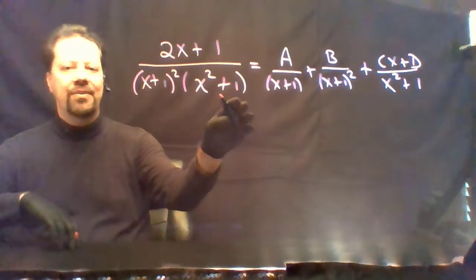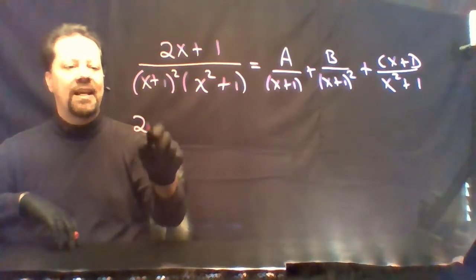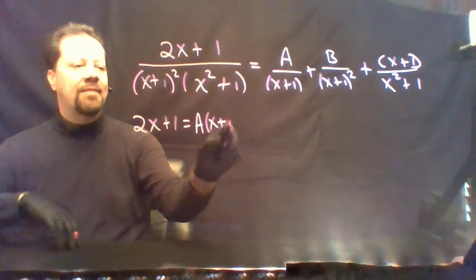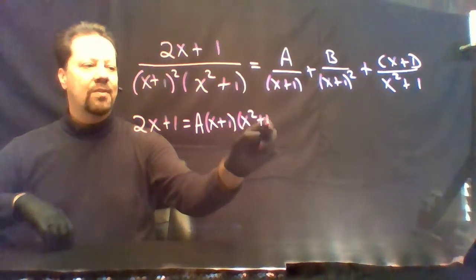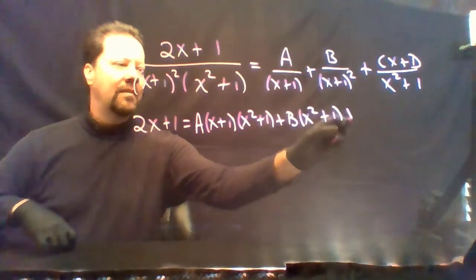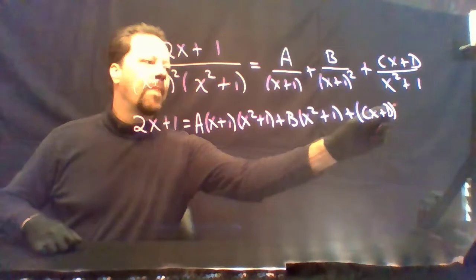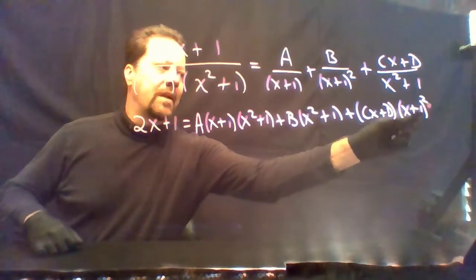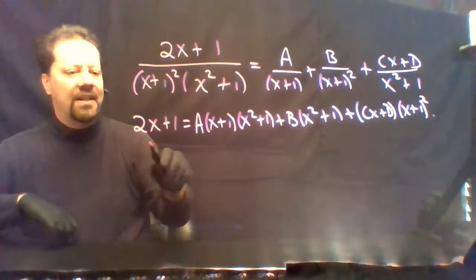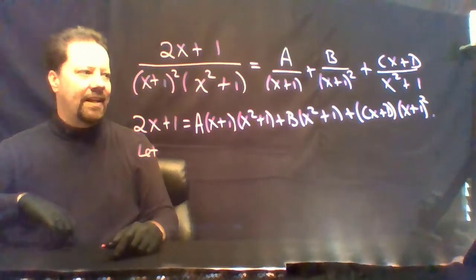Clearing the denominators on both sides by multiplying by the denominator on the left-hand side, we obtain 2x plus 1 is a times x squared plus 1 plus b times x squared plus 1 plus the quantity cx plus d, don't leave the parentheses off here, times x plus 1 quantity squared. Now, it is possible to choose some strategic values of x to eliminate some terms.